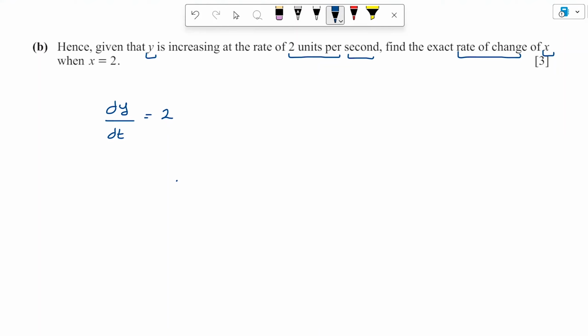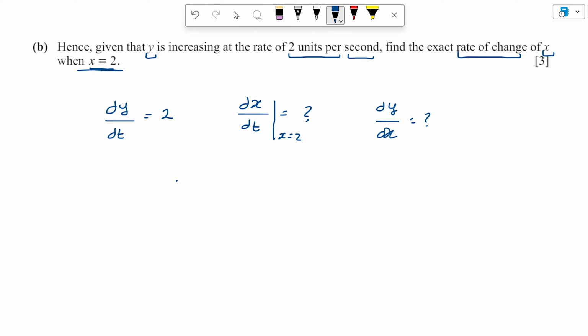They want us to find the rate of change of x, so dx over dt. This is what they want us to find. And dy over dx is currently unknown. Oh yes, by the way, they want us to find the rate of change of x when x is equal to 2. So x is equal to 2.